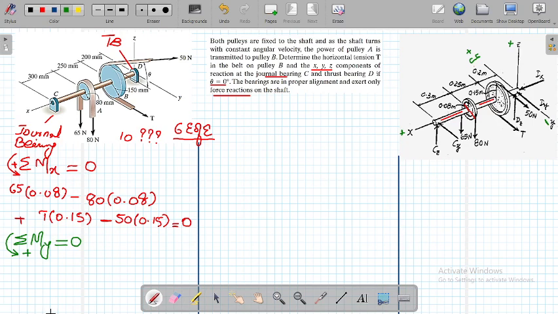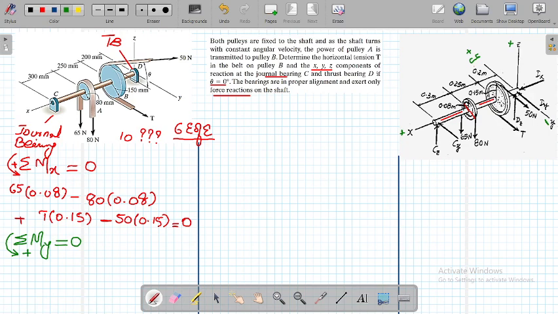So let's see how we calculate it. This 65 Newton force is along the z-axis, and its moment arm will be along the x-axis.